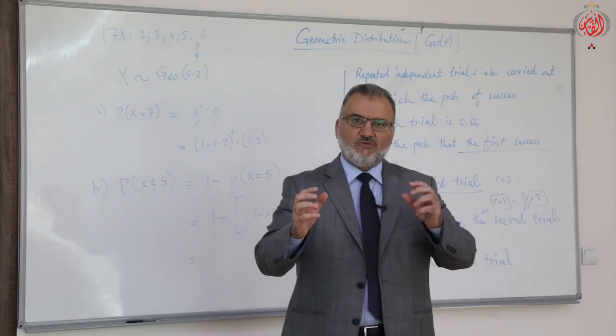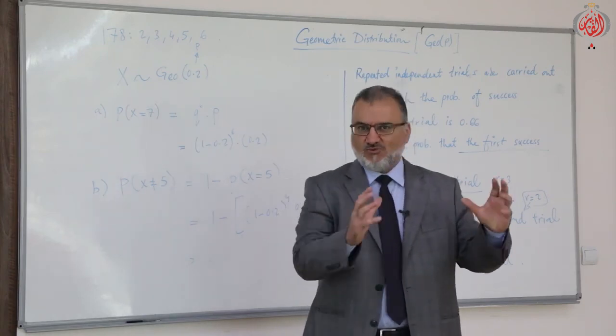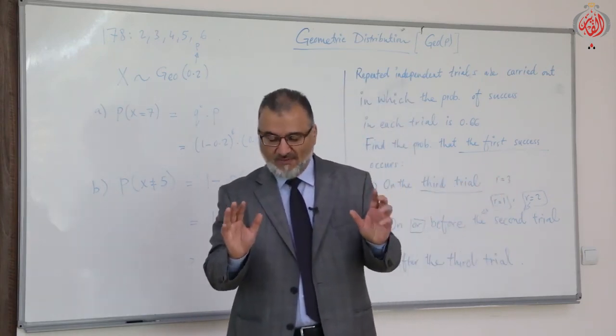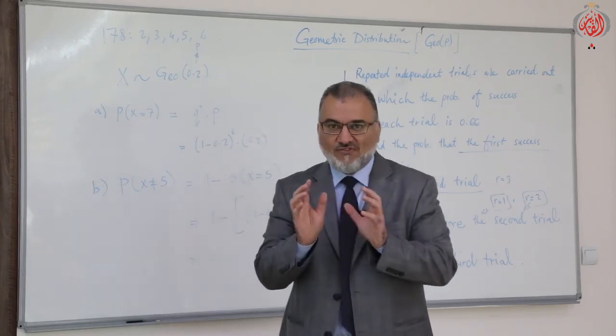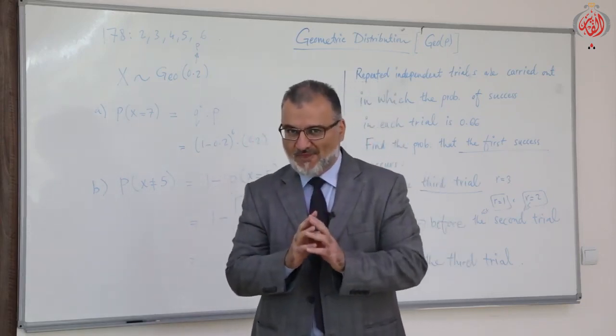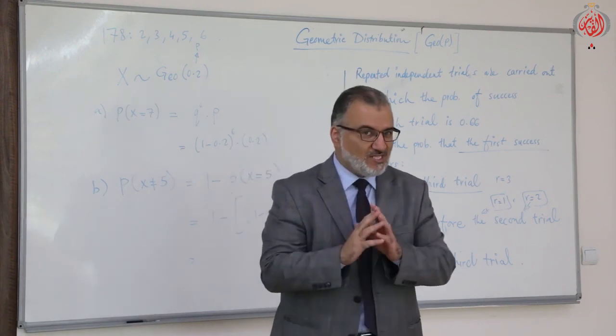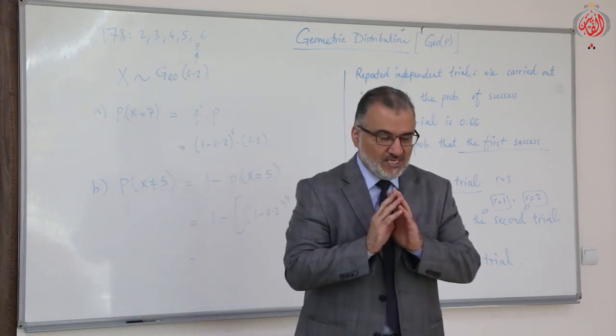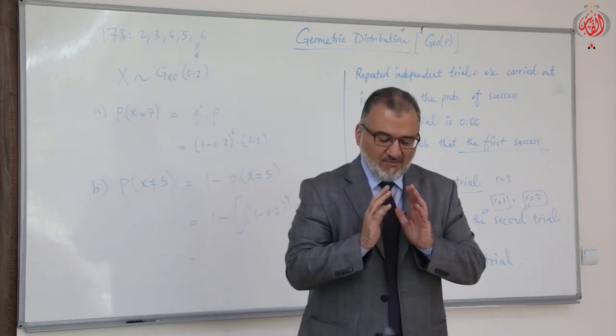The geometric distribution and binomial distribution both deal with discrete random variables. There is a significant difference between them. What is that difference? Very good.